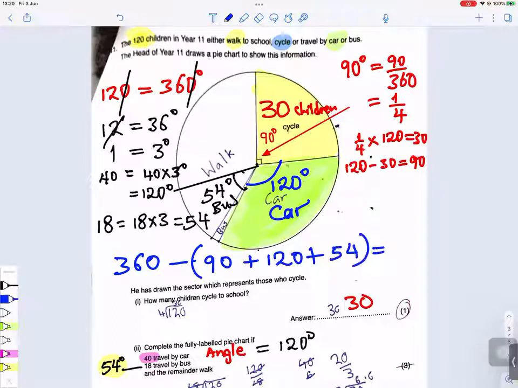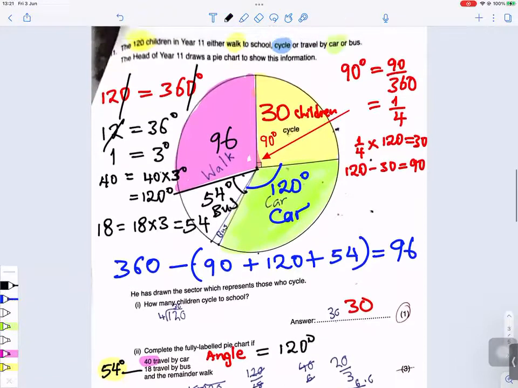Add it up for me. 90 plus 120 plus 54 is 264. And then when you subtract from 360, you get 96.